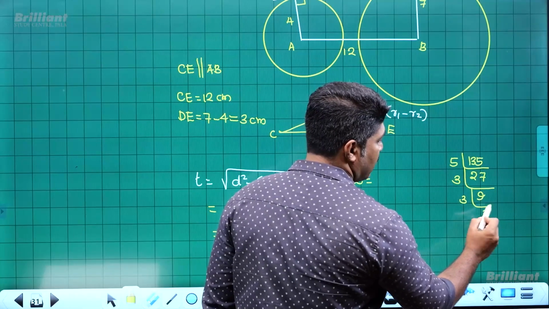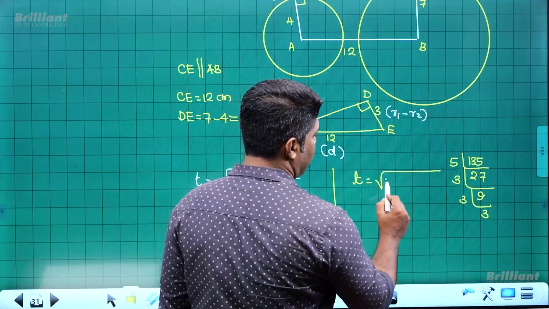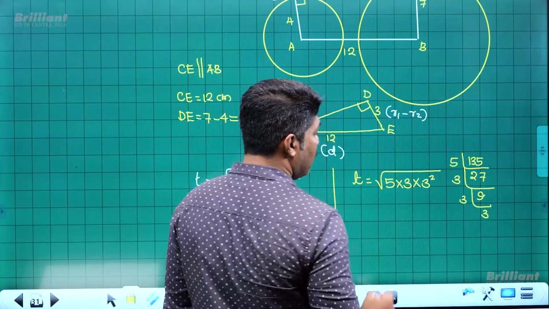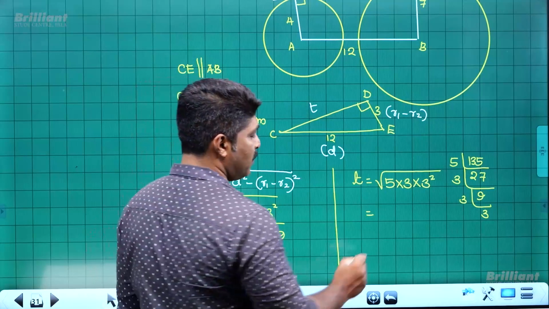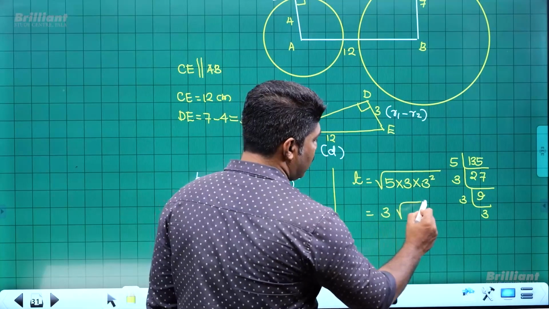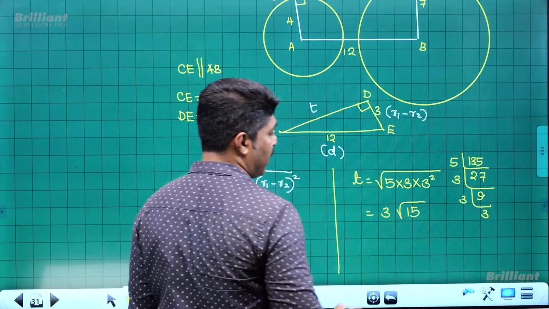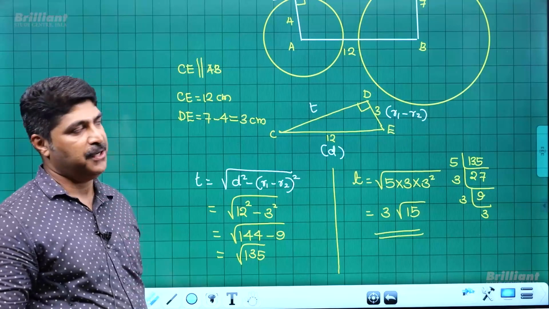Therefore 3, 3, 3 are the factors. Therefore this tangent length is root of 5 into 3 into 3 square. From this 3 square we can take 3 outside. So what rests inside is 5 into 3, that's equal to 15. So this is the length of that common tangent.